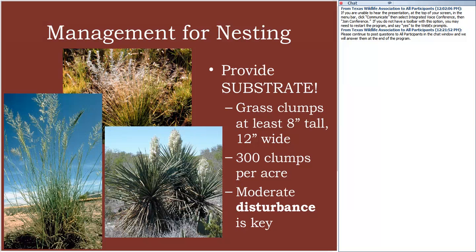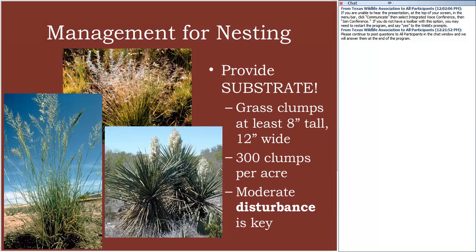And that's going to be about the size of a basketball. Now, it's worth noting that for a lot of species of bunch grasses, to attain a size like that, it actually takes quite a bit of time. It can take a couple of years. So by far the best management strategy is if you already have clumps of that size, do your best to protect them and maintain them.